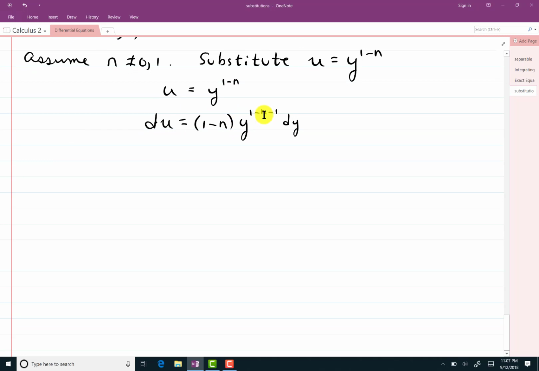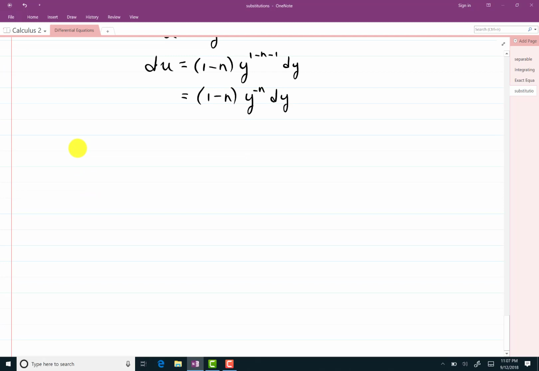And, of course, the 1's cancel, and I get 1 minus n, y to the negative n, dy. If I divide by dy, I get du over dy equals 1 minus n, y to the negative n.